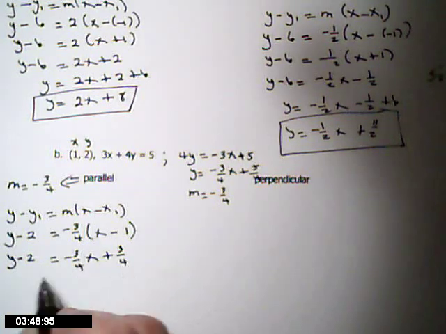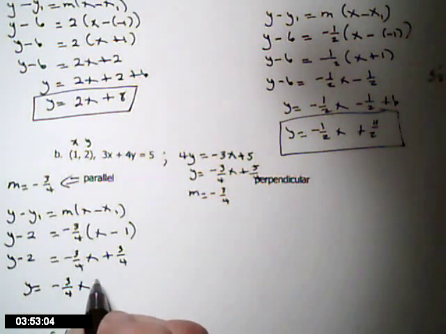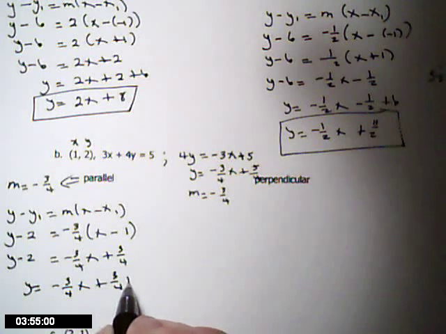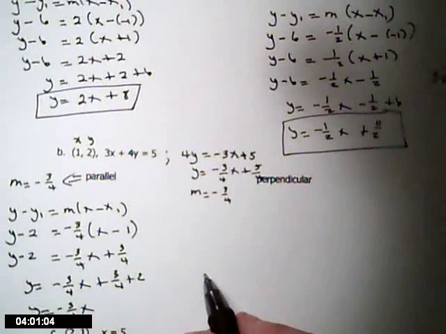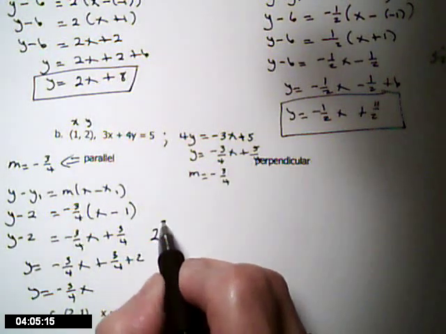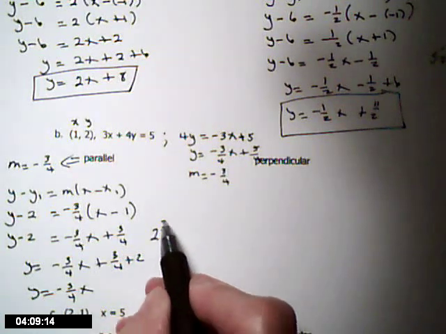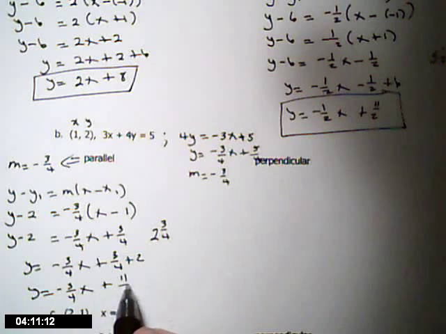Remember your signs here, and add 2 to both sides. And if you either use your calculator or just your knowledge of fractions, if you have 2 added to 3/4, that's 2 3/4, but written as an improper fraction, that's 4 times 2 is 8, plus 3 is 11/4.